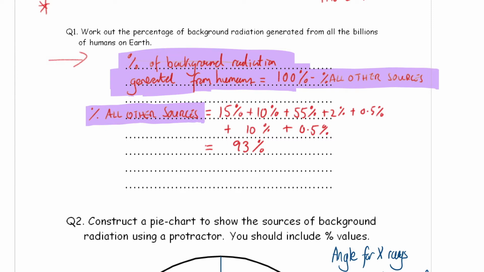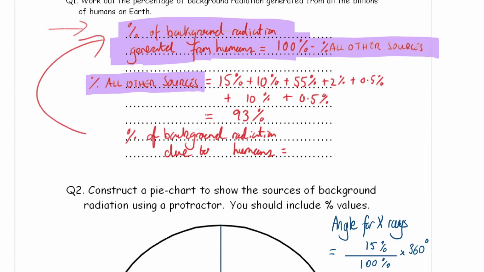And then you go back to this original equation or formula and percentage of background radiation. So that'll be 100%, take away 93%. Now please take time to present your answers similar to what I've done here.